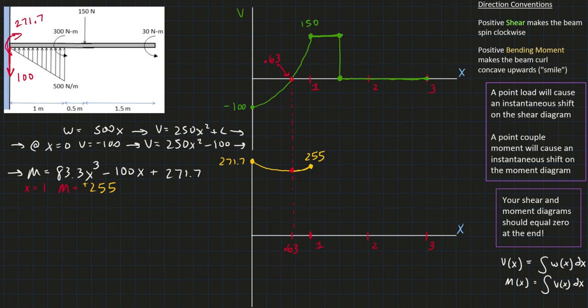So again, just another plug-in at x is equal to 0.63. The m that we get will be a 229.5. So we'll want to put that in there.